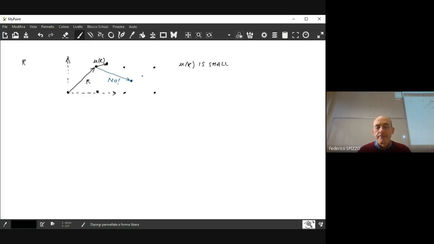In this way, we may still use the vectors belonging to the Bravais lattice to access all of the ions belonging to the solid.